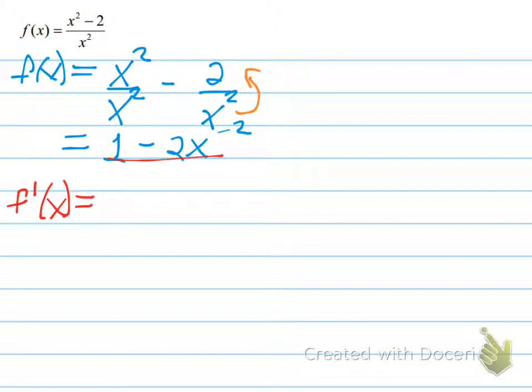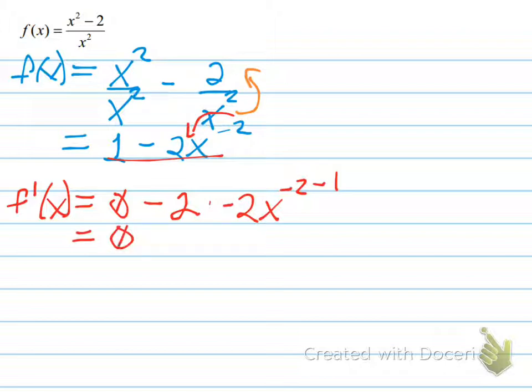So what I'm really taking the derivative of is this. The derivative of 1, or any constant, is going to be 0, minus the derivative of 2x to the negative 2 power. You leave your coefficient, you bring your exponent to the front, and you subtract 1 in your exponent.